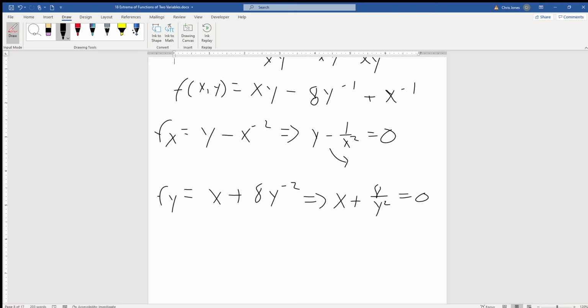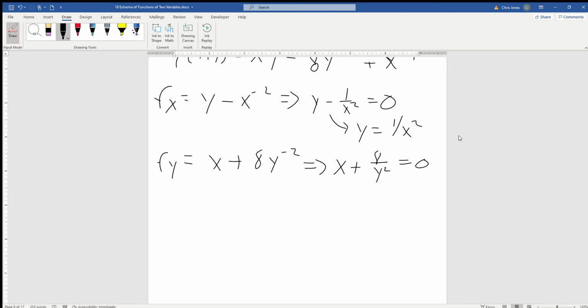All right, in the last 2 examples we were able to factor, and it just worked out really nicely to be able to find those critical values. This time we can rewrite f sub x equals 0 as y equals 1 over x squared, and then we can just substitute that back in.